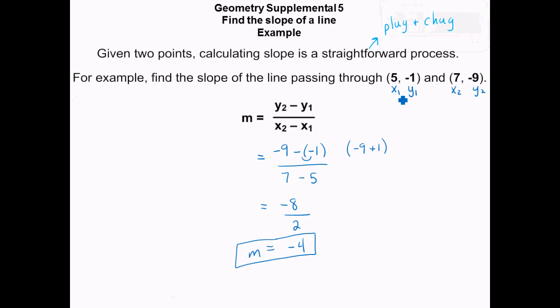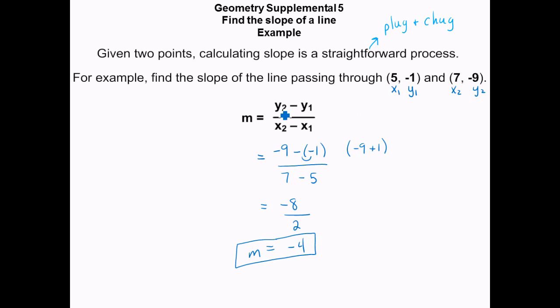Just as a note, it doesn't matter if you call these the 1s or the 2s. This could be x2, y2 and this could be x1, y1. It doesn't matter which point is which. The only thing is, you can't have x1, y2 in the same point. They have to both be 1s or both be 2s.